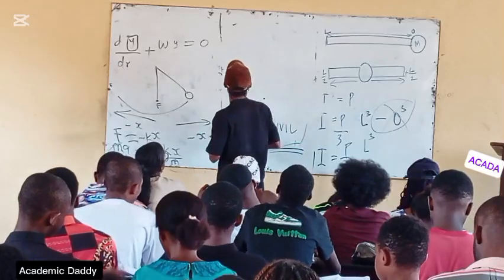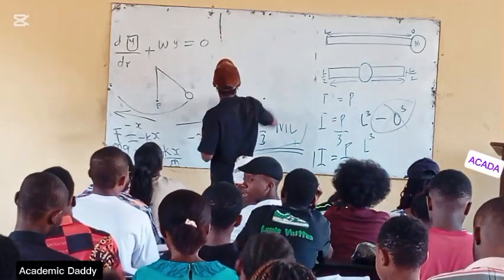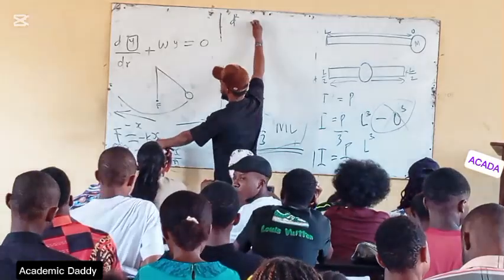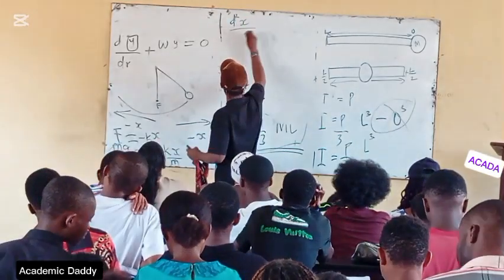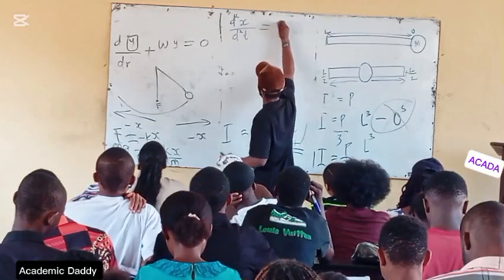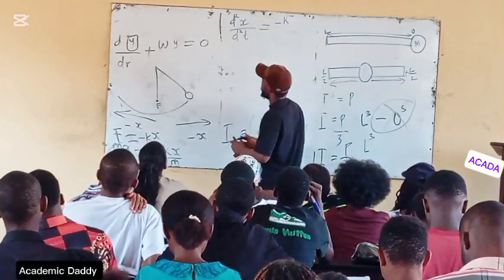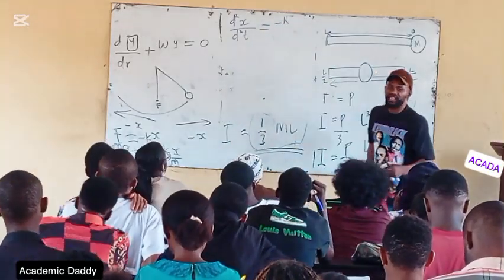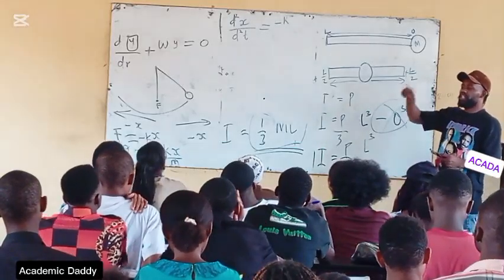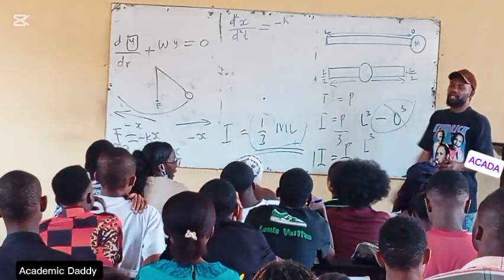So I'm now going to be having, instead of calling it a, the second derivative of x over the square of t is equal to. Remember that whatever we are doing is always changing over changing time.